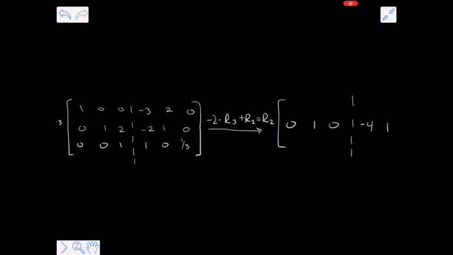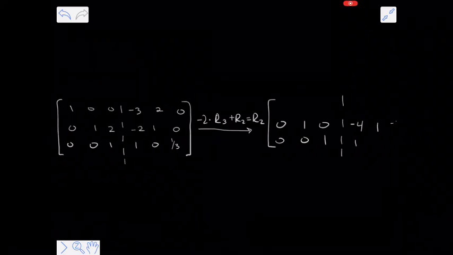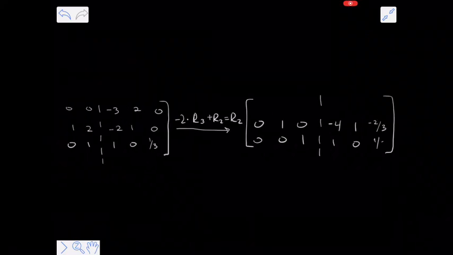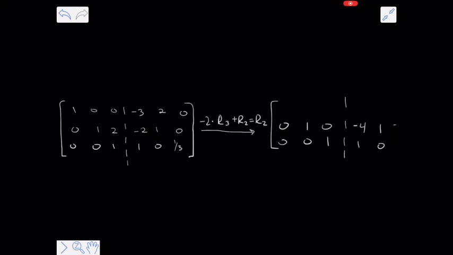Okay, and that was the only row operation for that one. So row 3 stays the same, and row 1 stays the same.